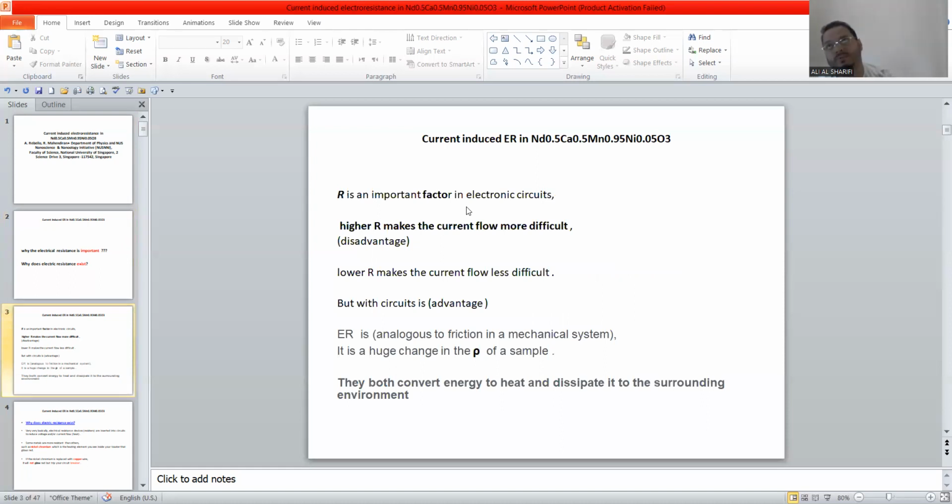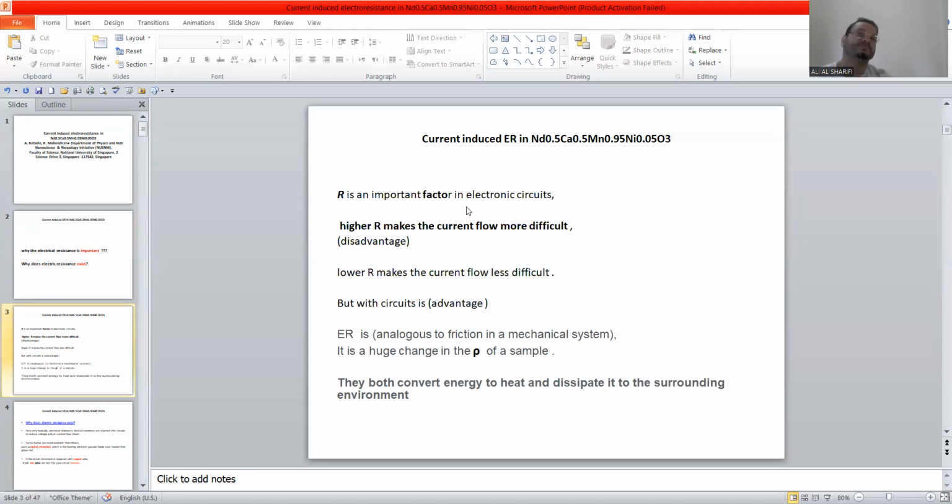Here, at first, we will talk about the resistivity. It's an important factor in the electric circuit. Actually, it has an advantage and a disadvantage at the same time, because it's an interesting topic to any physics researcher.